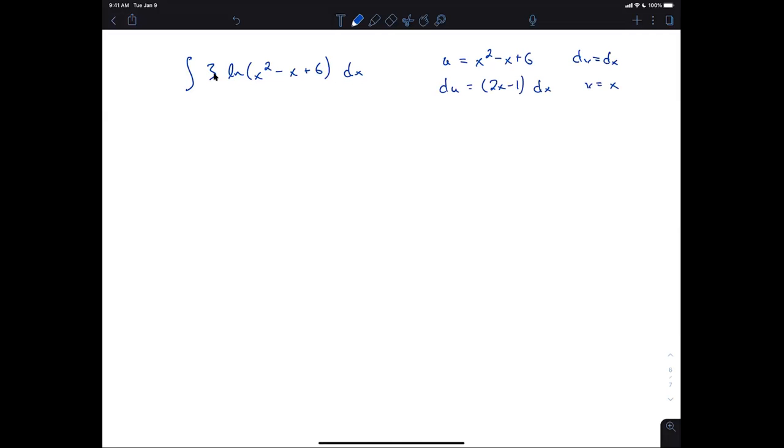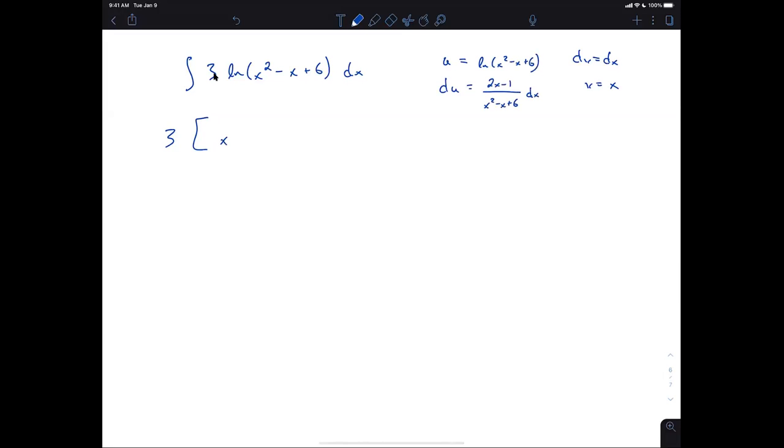So now we're going to take the 3 out and do uv. So that's x times x squared. Man, I'm sorry. U is log of that. What am I doing? So du then is 2x minus 1 over x squared minus x plus 6. Oh, this is awful. All right, so we got uv.